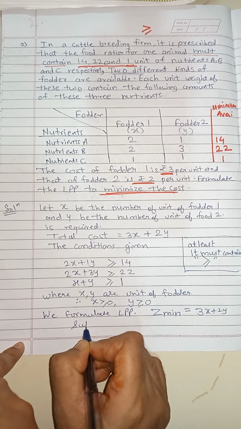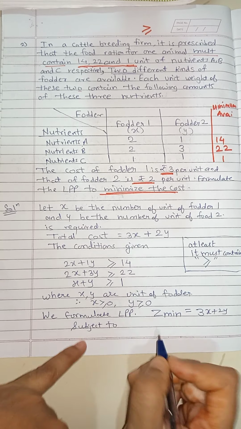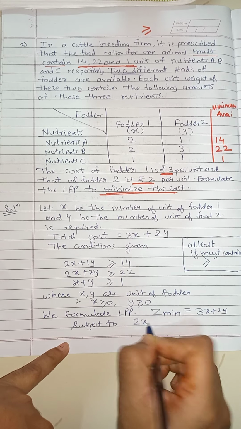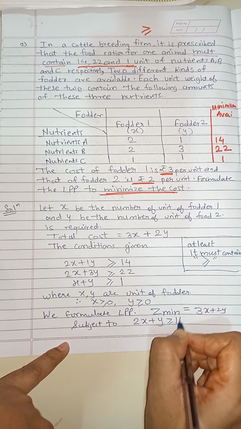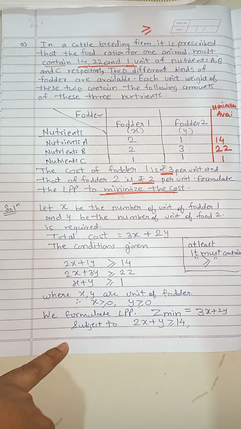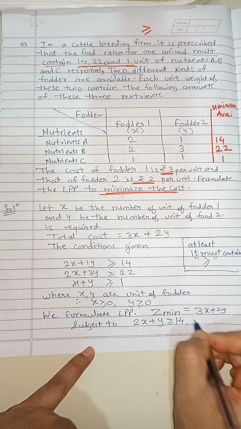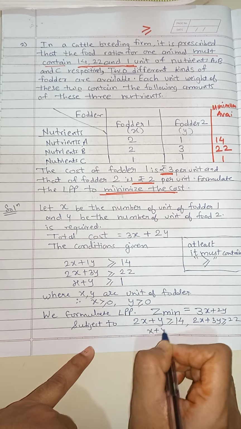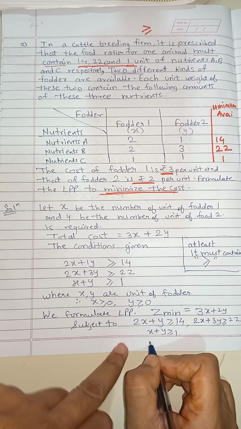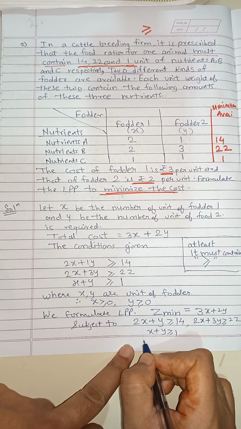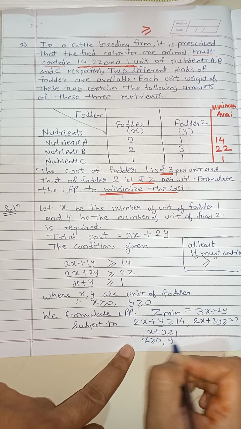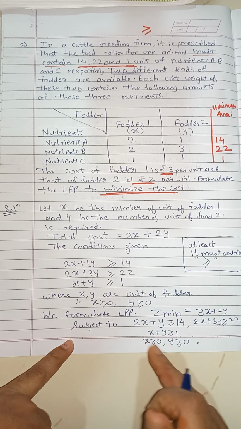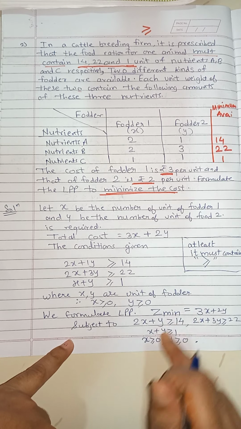Then we write subject to, and in that we write the constraints. We have 3 constraints. All these constraints we write, and the last part is the non-negativity restriction: x is greater than or equal to 0 and y is greater than or equal to 0. Here we stop the second question solution, formulating the LPP.